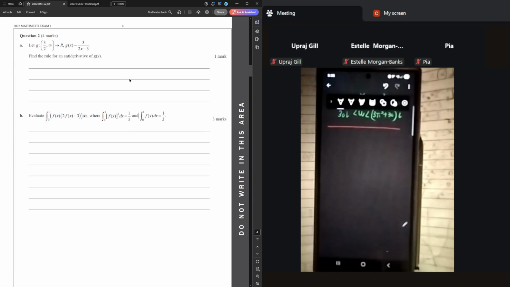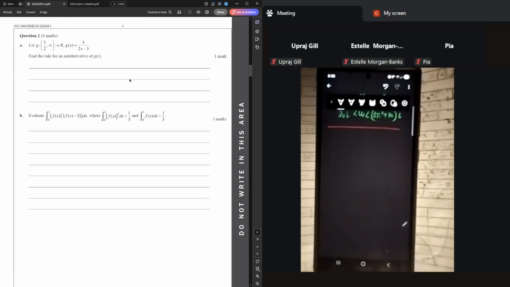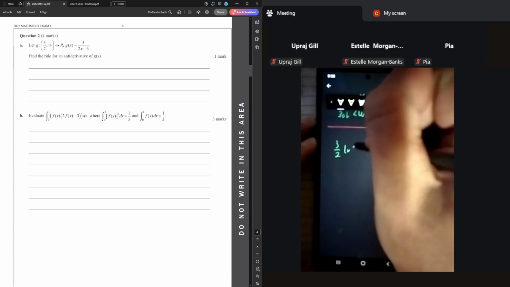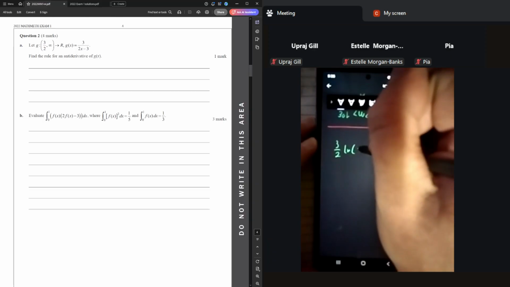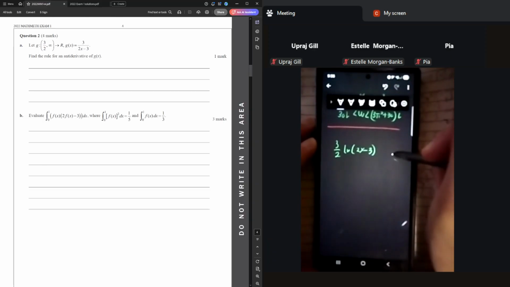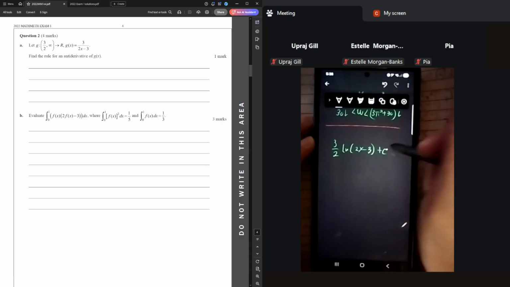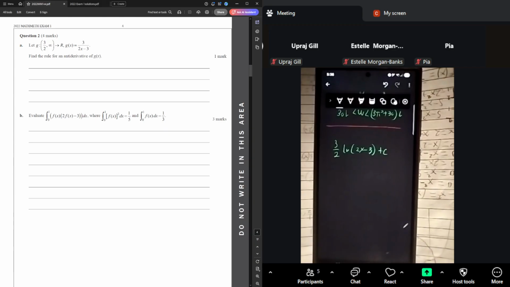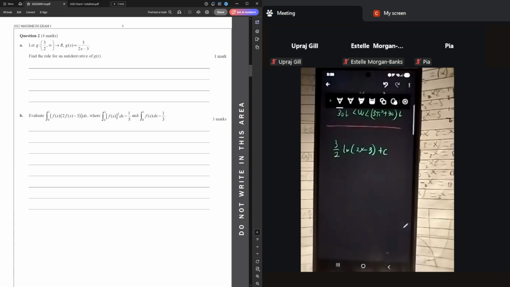Next up, part B. I'll actually write out that full answer as well, just so we can all be on the same page as to what that was. 3 over 2 natural log 2x take 3 plus c. That plus c is important because it says... Actually, I should double check that. Yeah, okay. The key wording around this is a bit nuanced in the sense that it says find the rule of an antiderivative.